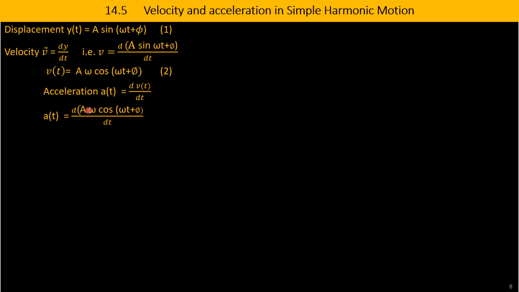Now differentiating, we get a of t is equal to minus A omega square sine(omega t plus phi). This is the equation for acceleration. Therefore, keeping omega square outside and substituting A sine(omega t plus phi) as y of t from equation 1, we get a of t is equal to minus omega square into y of t. Let it be equation 3.